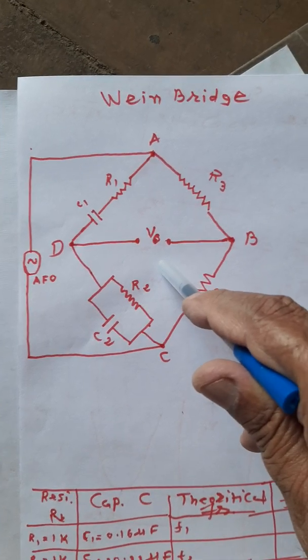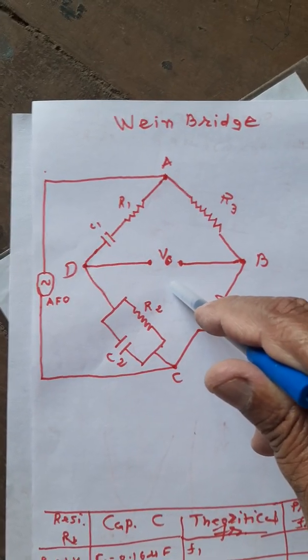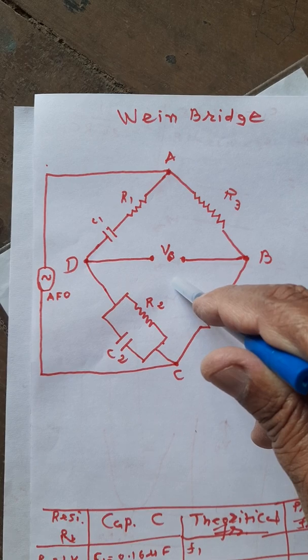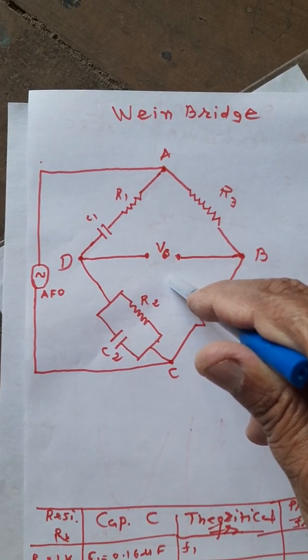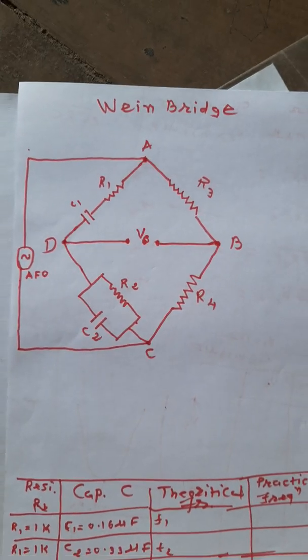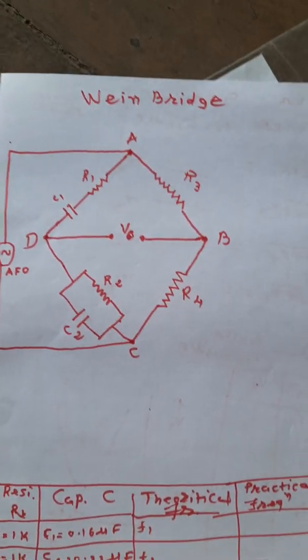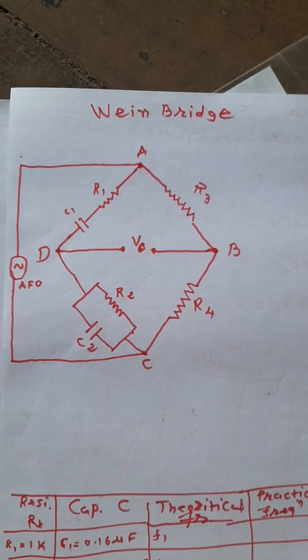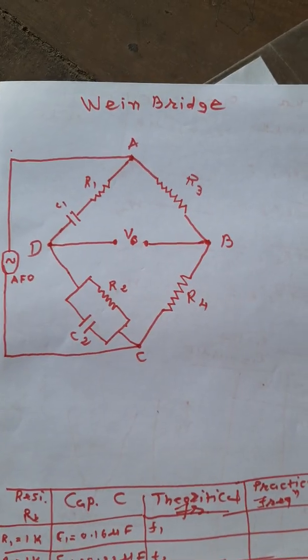Now in the previous bridge, the Schering bridge we connected last time, we kept the frequency constant and balanced the bridge by changing the value of capacitance.